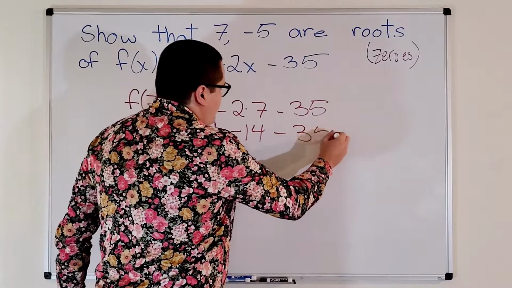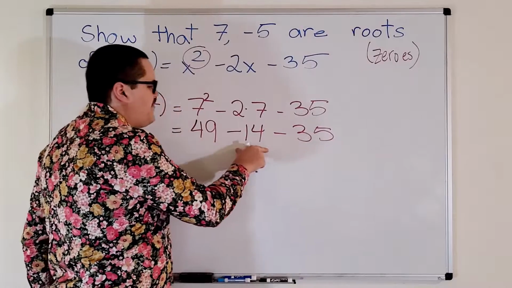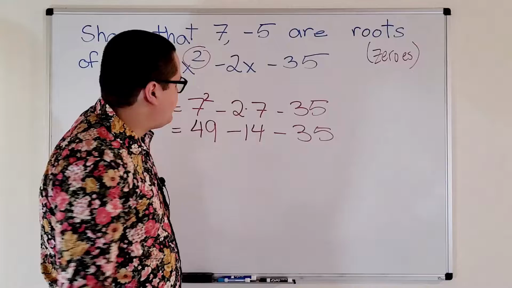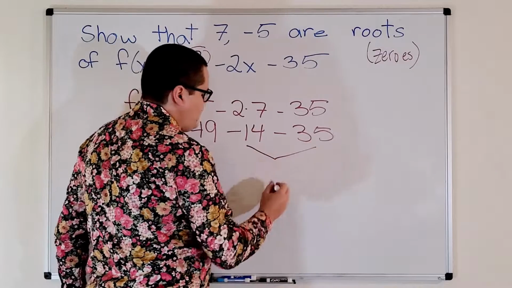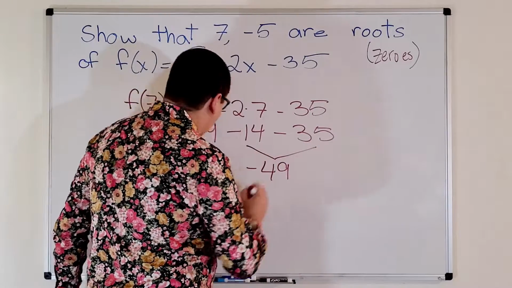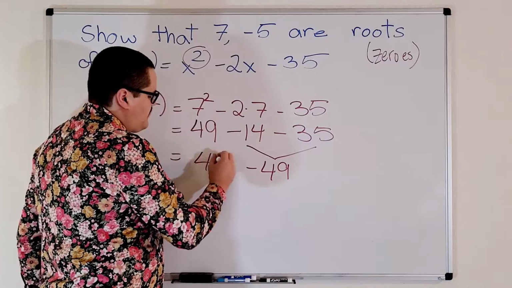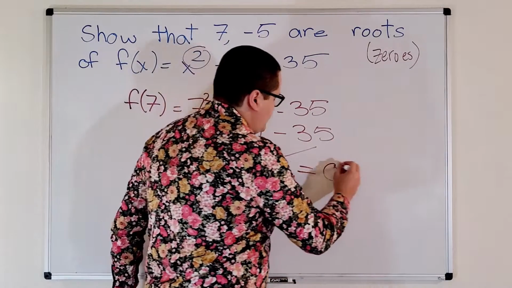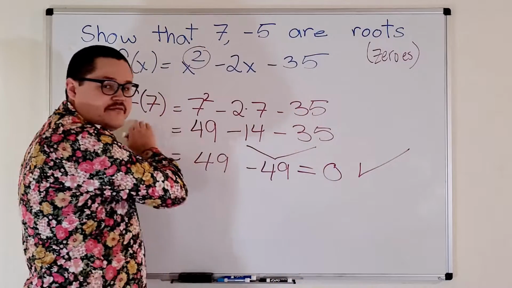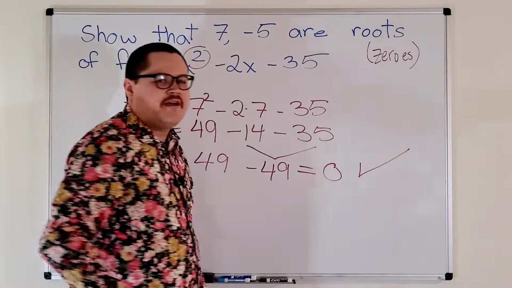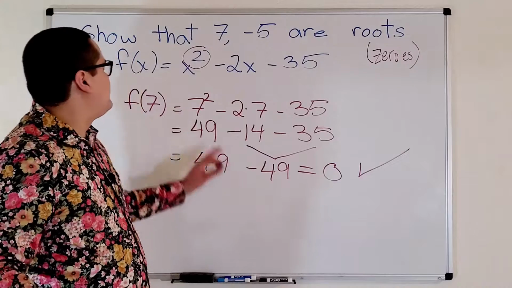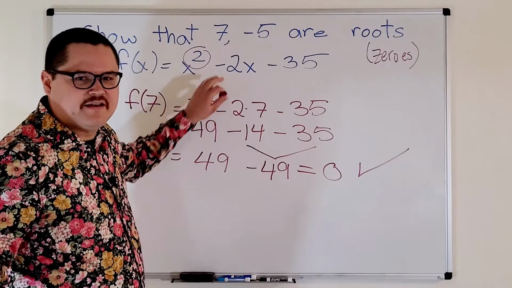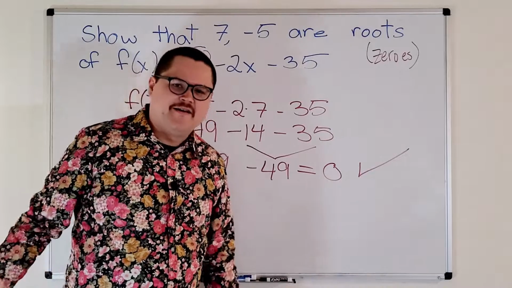So this evaluates to 49 minus 14 minus 35. Well, negative 14 minus 35, that's negative 49. So this is 49 minus 49, which is 0. So since f of 7 is 0, that means that 7 is what we call a root or a zero of f of x. Got it?